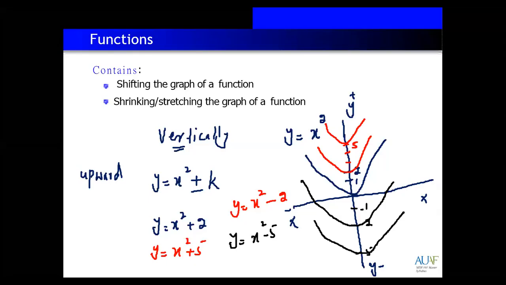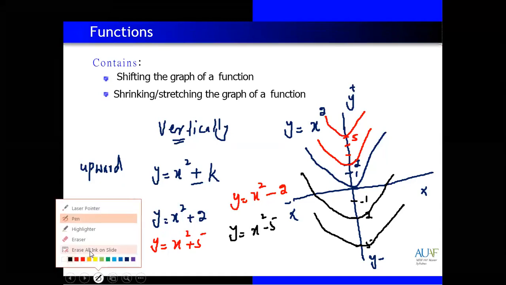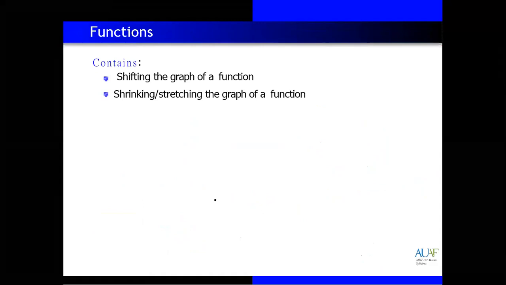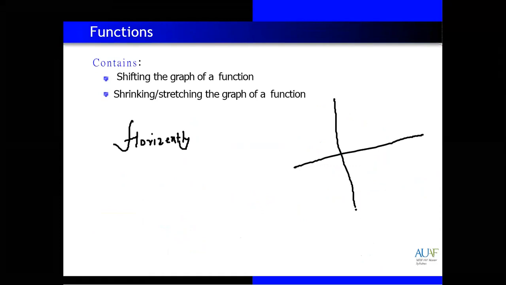Okay, guys. Now shifting horizontally, right side and left side. How to shift a graph horizontally? For horizontal shifting, we have the xy plane. Let's suppose this is the main function graph, a parabola.